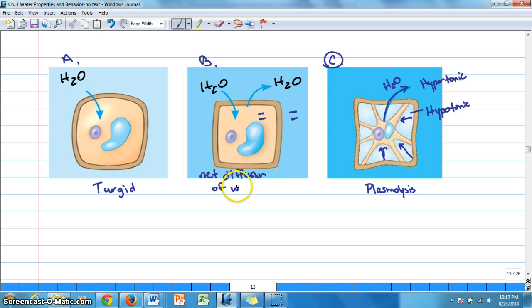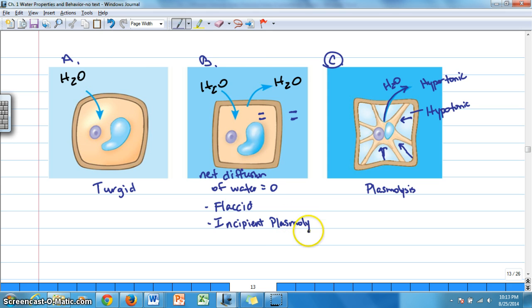of water equals 0. In this case, we would say that the cell is either flaccid, another term we could use, or is, in terms of plant cells here, incipient plasmolysis.